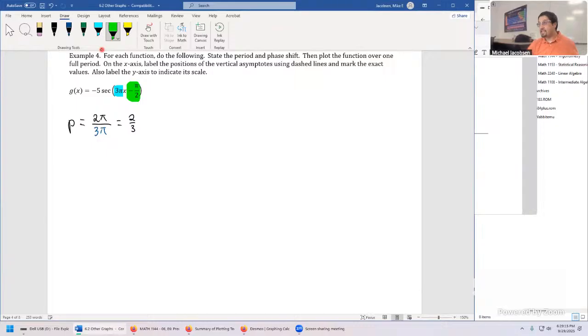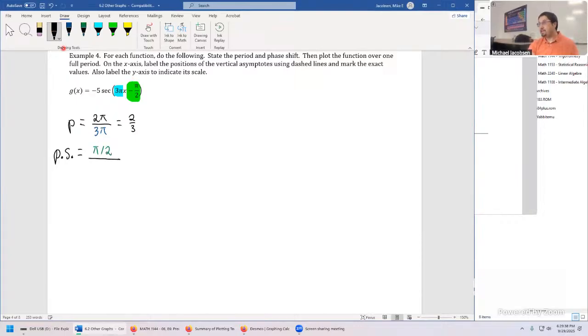Then this thing, don't forget the sign is important as well, is also going to relocate it. It's moving it to the right, but not by pi over 2 because 3 pi influences it as well. So we take as the phase shift, first, flip the sign. That's the most important thing to remember. It's going to be positive pi over 2.